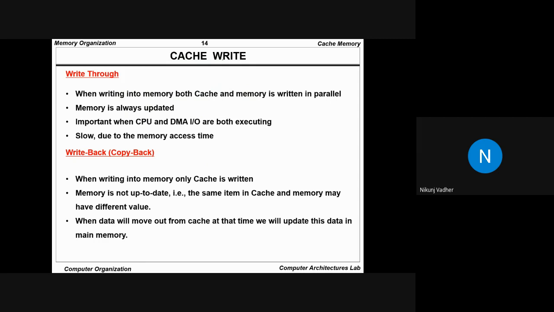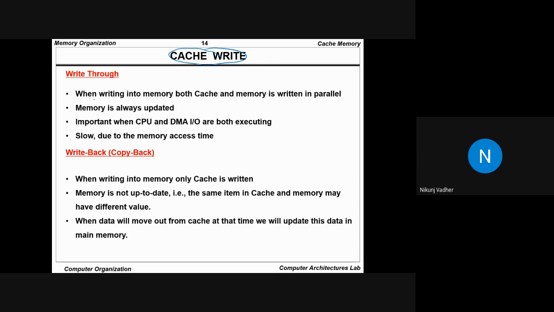Now, how will the cache update be done? For that, we have two options, write through and write back. So what is write through? In write through, whenever we update any variable inside the cache memory, we immediately update that variable in primary memory as well.